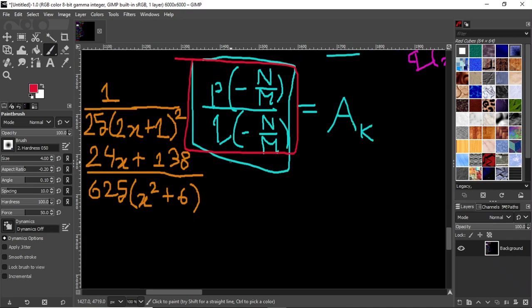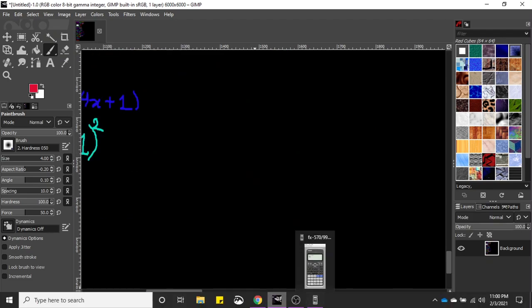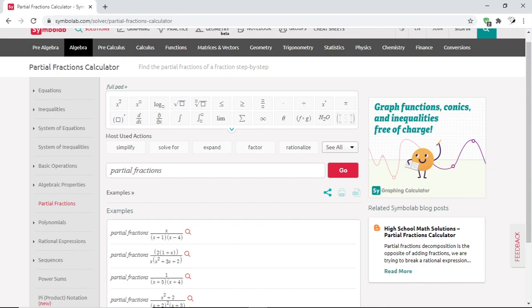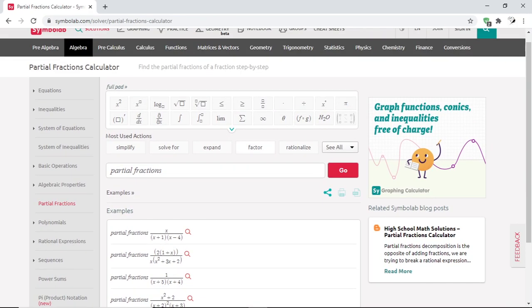All right, and last but not least, what I want to show is Symbolab. I find this really useful. Sometimes when I do heavy integral problems, I'm not always keen to check my partial fractions by hand, and sometimes I just want the answer, or to check my homework.